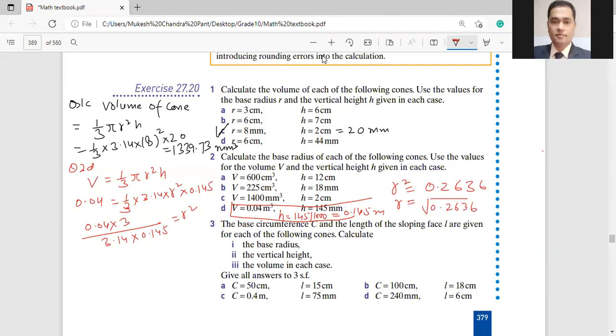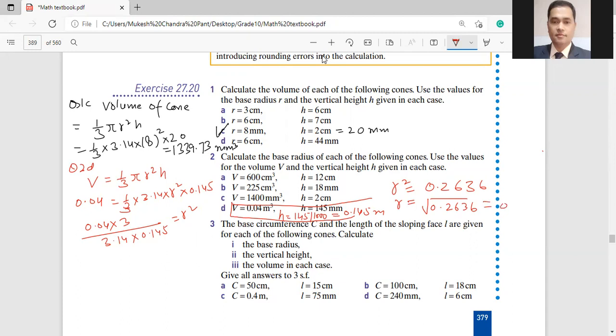So now for this 0.2636, write this up to 3 places because here h is up to 3 places.